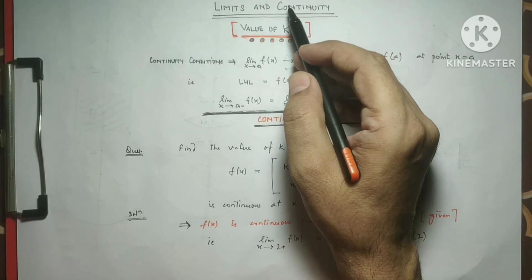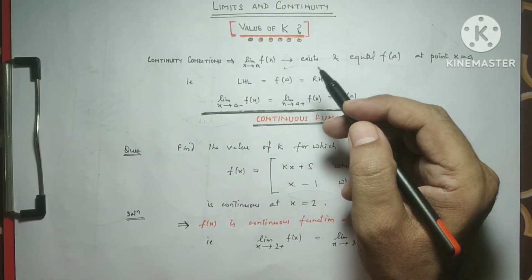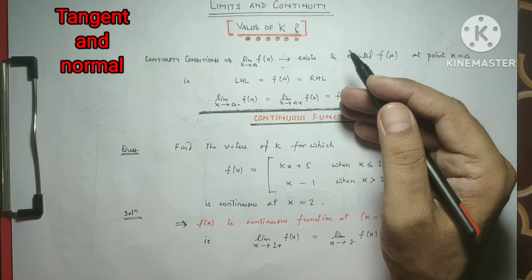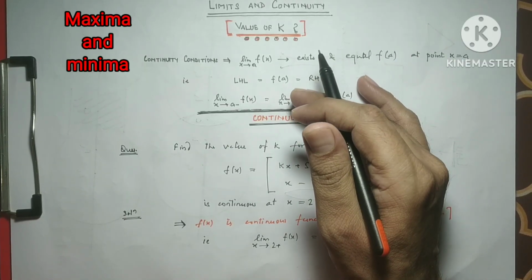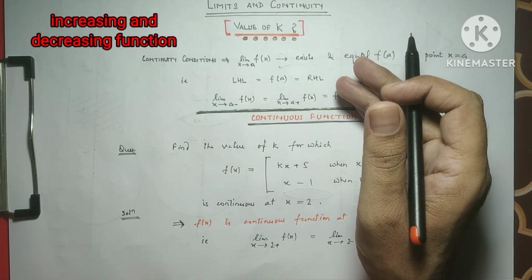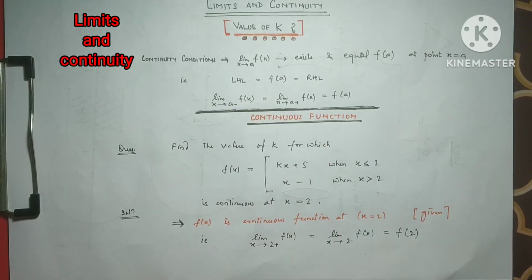So our station is limits and continuity, and we are doing different types of questions, different topics: tangent, normal, maximum, minima, rates, increasing and decreasing monotonic functions, now limits and continuity.